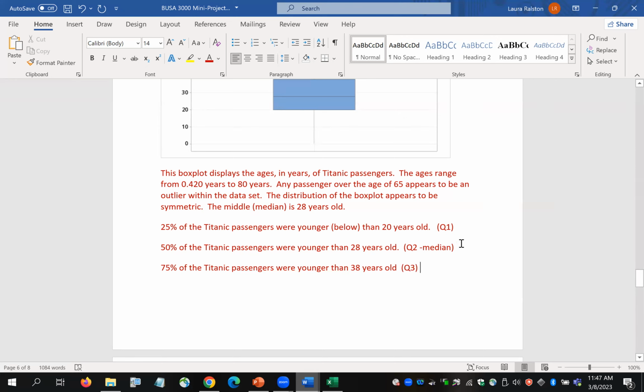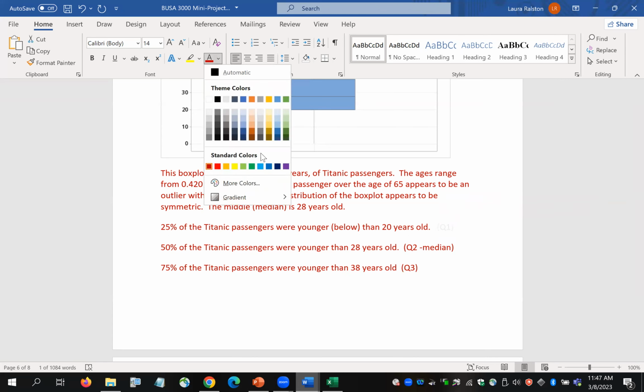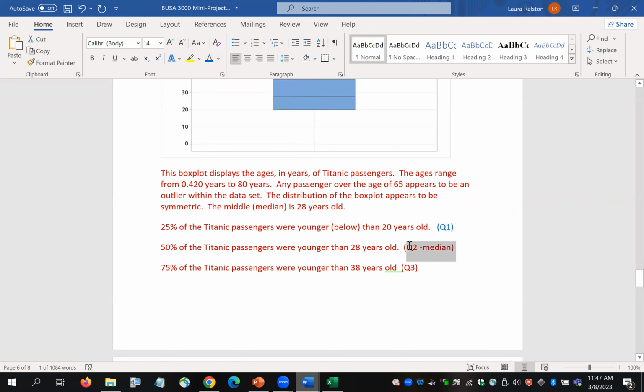And guys, that's how you always interpret those things. 25% of the data values are below 20, because that's Q1. 50% are younger than 28, which was the median. 75% are younger than 38.